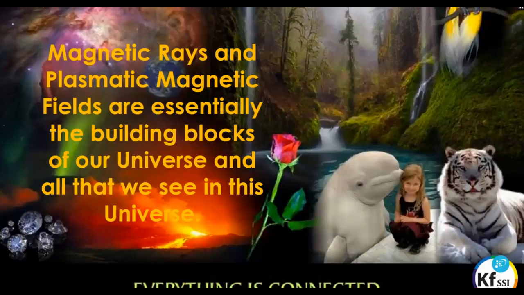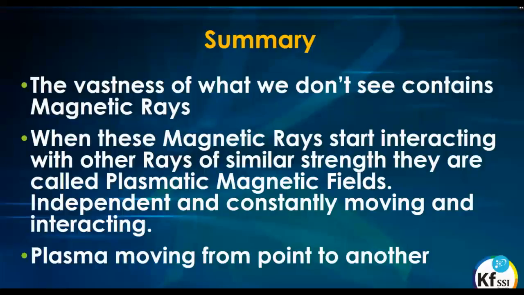Everything stems from the interaction of these fields. The vastness of what we don't see contains these magnetic rays. And when these magnetic rays start interacting with other rays of similar strength, they're called plasmatic magnetic fields, independent and constantly moving and interacting. So essentially plasma moving from one point to another.